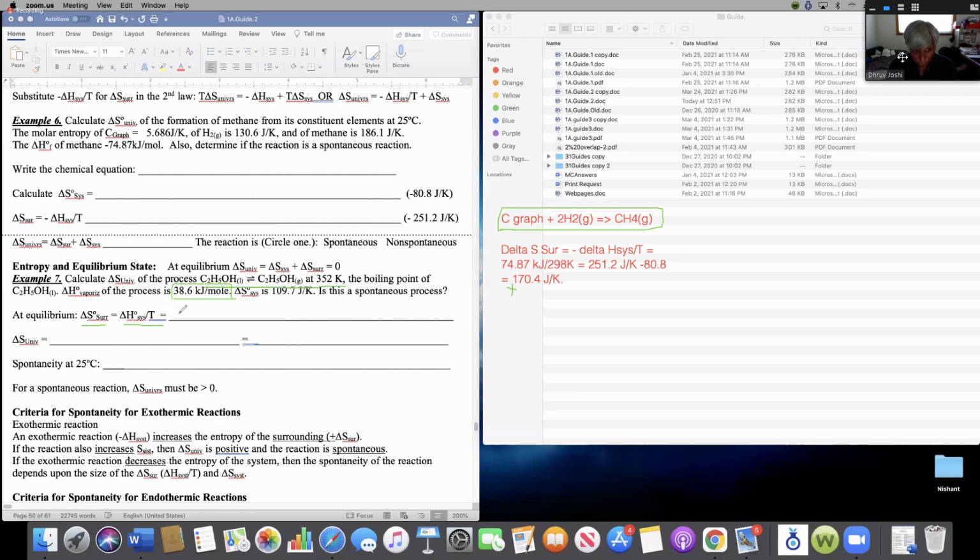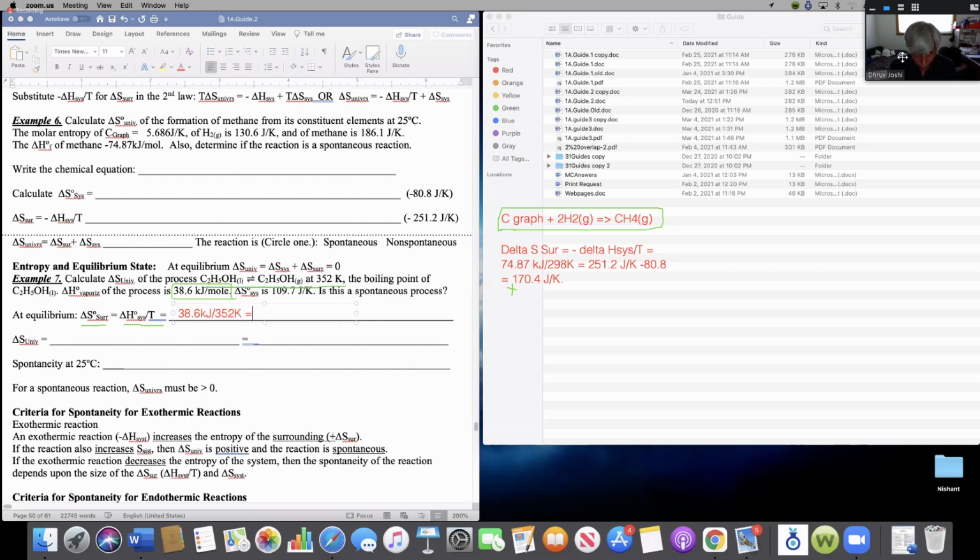So divided by T, so delta S, let's see. Here we can write it down right here: 38.6 kilojoules, and it's just for 1 mole, so we won't write that, we'll just understand that. Divided by 352 Kelvin.